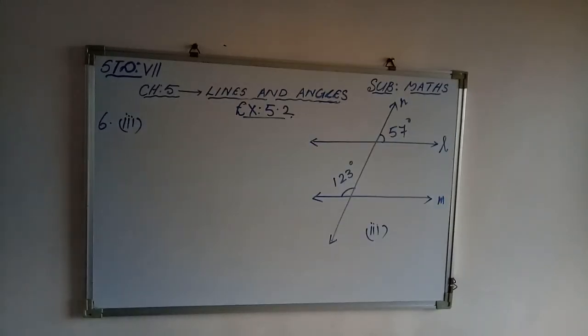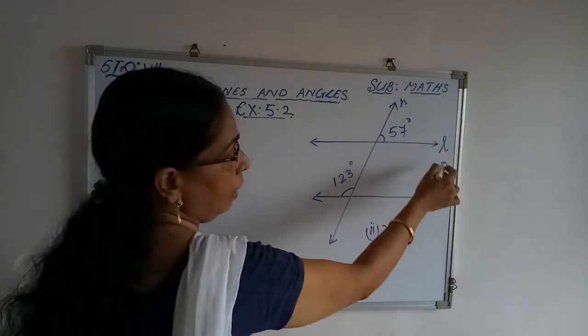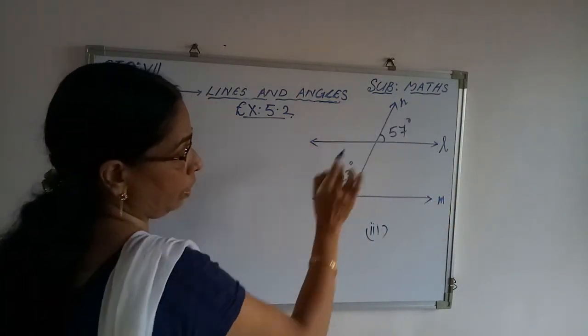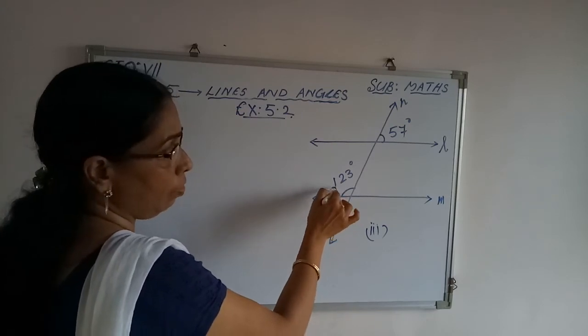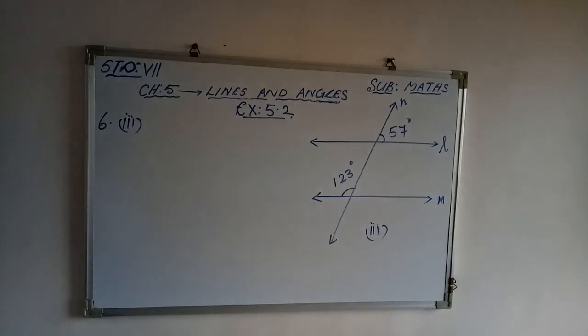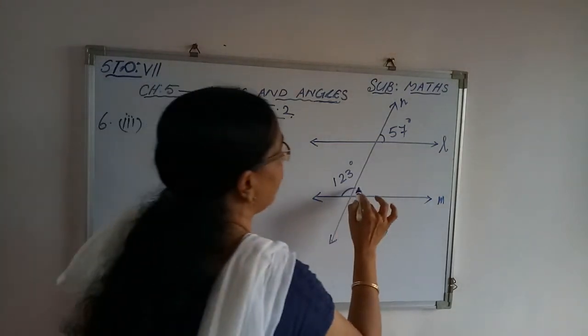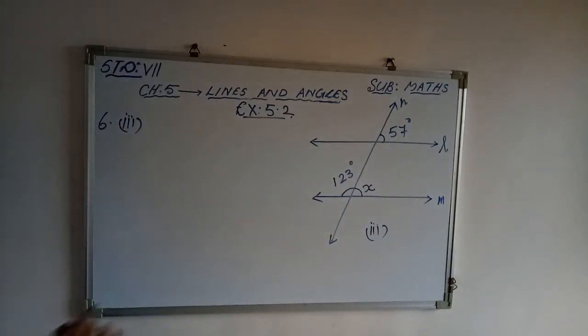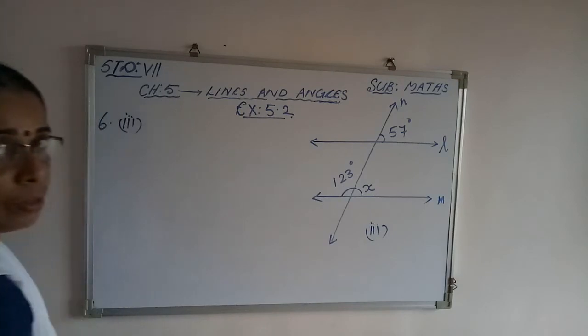See third one. L and M, two lines given. The transversal given as N. Two angles already marked. One angle 123 degree and the other angle 57 degree. Now see, I am going to mark one angle as X here, so that we get a linear pair.